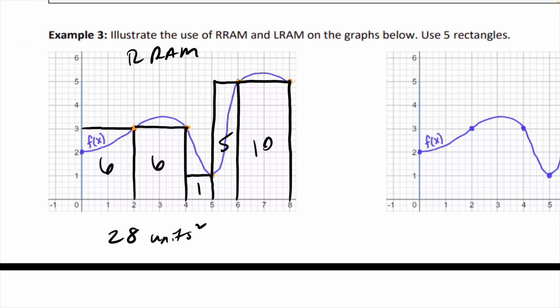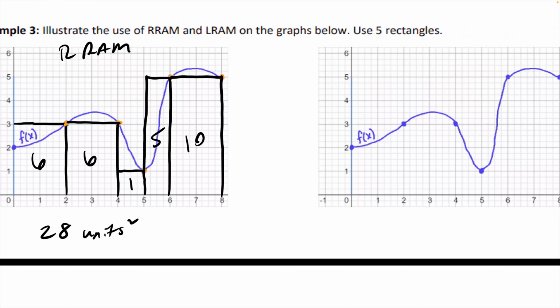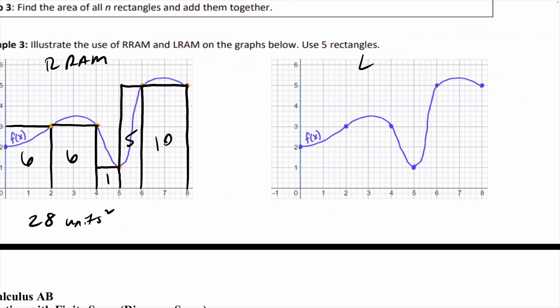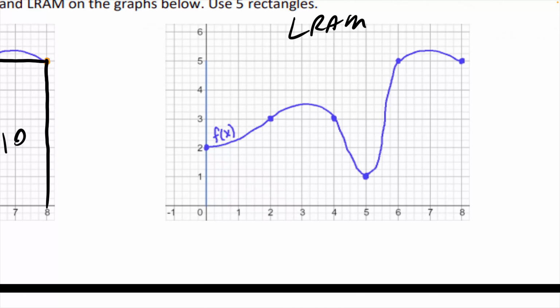Okay. Now let's do LRAM. Now the top left corner is going to touch each dot. So we're going to use the same dots to build rectangles where the top left corner touches. So my first rectangle is going to go up to 2. That's the height.